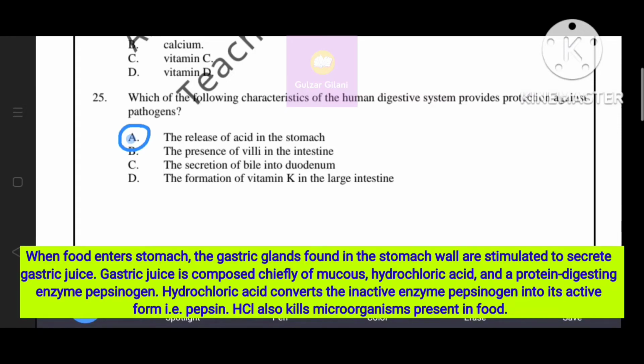Hydrochloric acid converts the inactive enzyme pepsinogen into its active form, that is pepsin. Hydrochloric acid, that is HCl, also kills microorganisms present in food. That's why option A, the release of acid in the stomach, is the correct answer, which provides protection against pathogens.